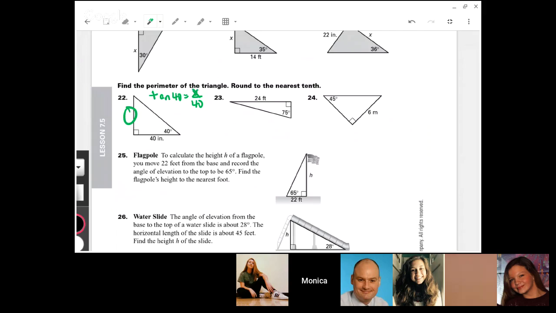So then you'll have your two sides, and you just need to solve for your hypotenuse. So you're going to plug into a squared plus b squared equals c squared, right? And that will give you your third side here. And then you can just add all three sides.